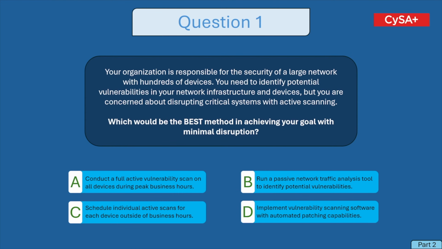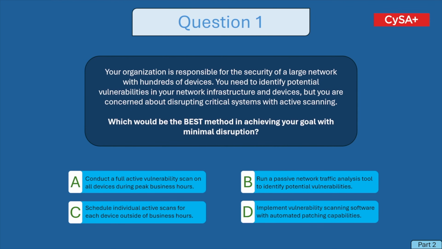Your organization is responsible for the security of a large network with hundreds of devices. You need to identify potential vulnerabilities in your network infrastructure and devices, but you are concerned about disrupting critical systems with active scanning. Which would be the best method in achieving your goal with minimal disruption?